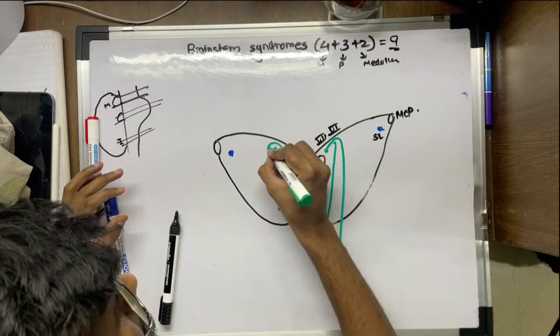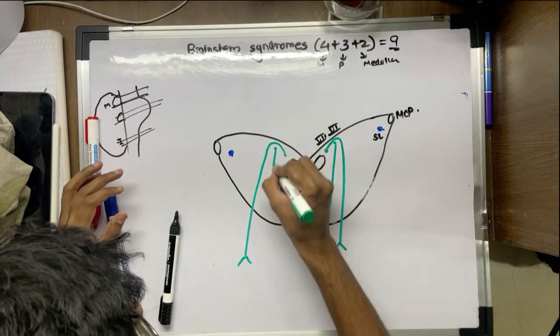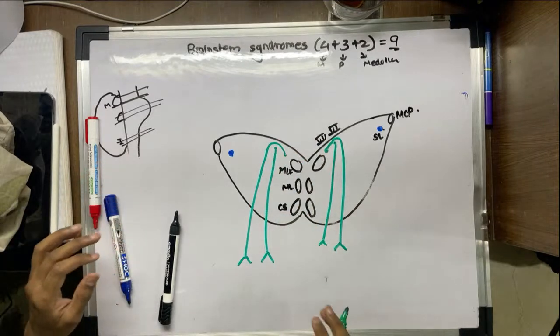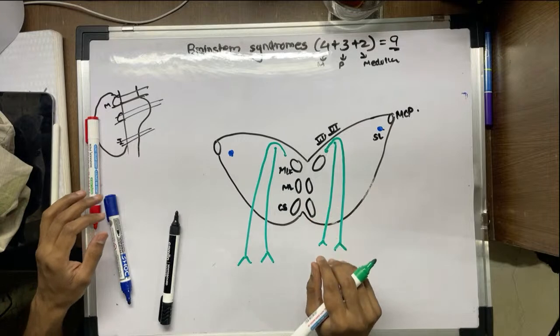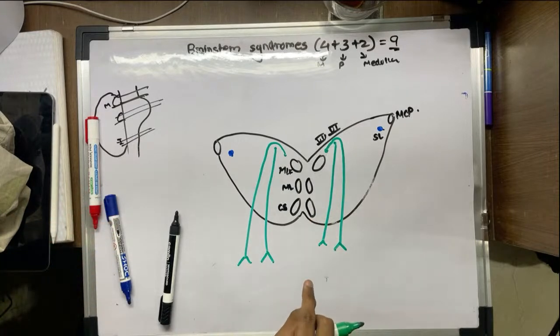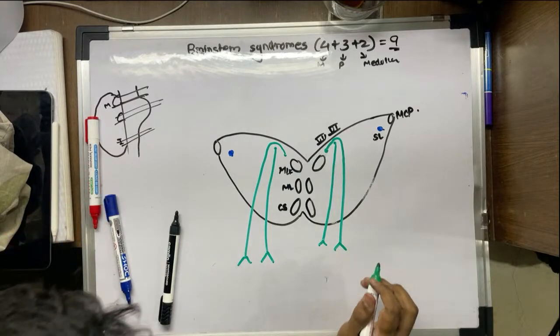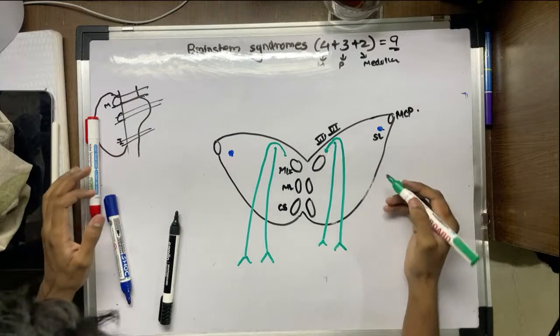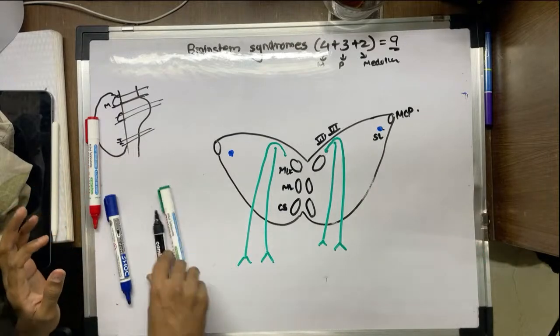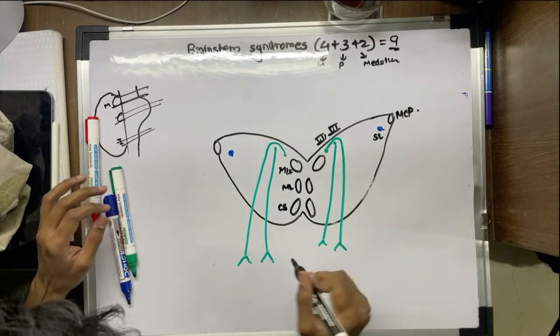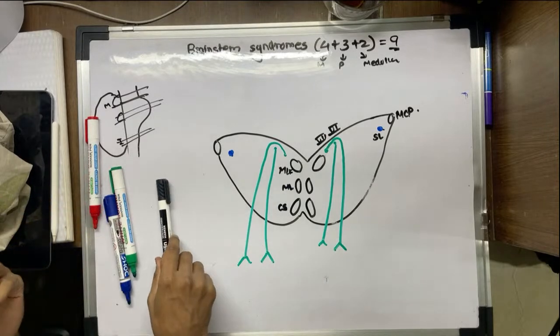Also, the 7th nerve is important because its branches hold 2 ganglia, pterygopalatine and submandibular. So yeah, parasympathetic ganglia.